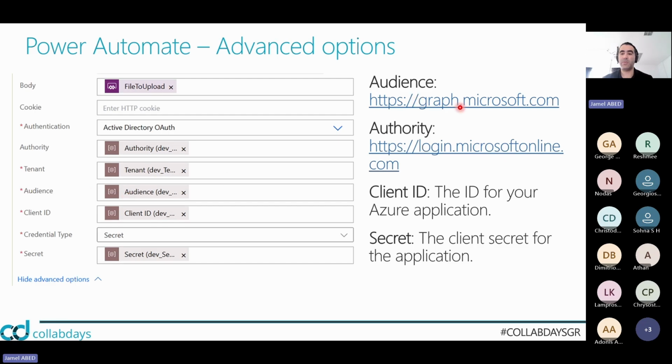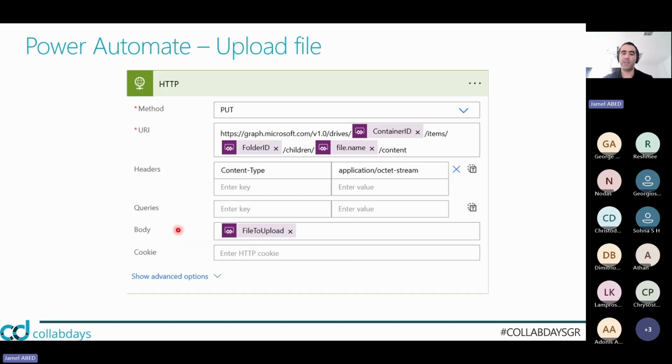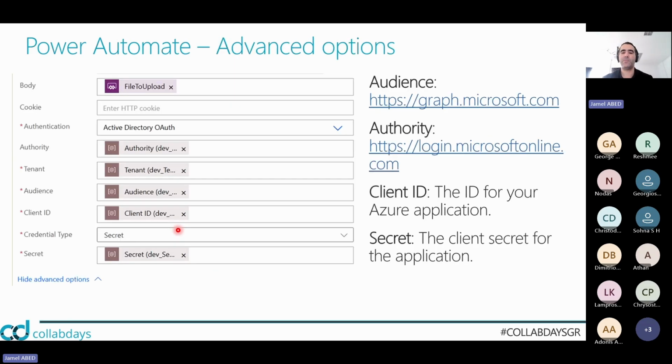The audience is graph.microsoft.com, and the client ID is your application ID associated to SharePoint Embedded. So you create your Azure application, and you have an ID and a secret for this application. In this way, we can upload a file with Power Automate, and you can call this file from your Power Apps application.